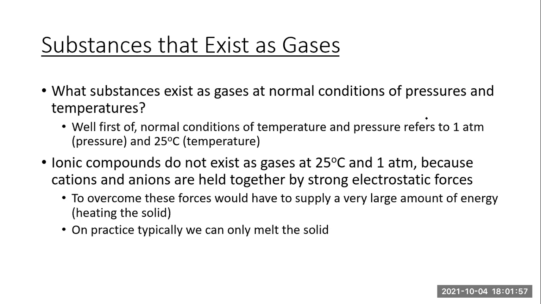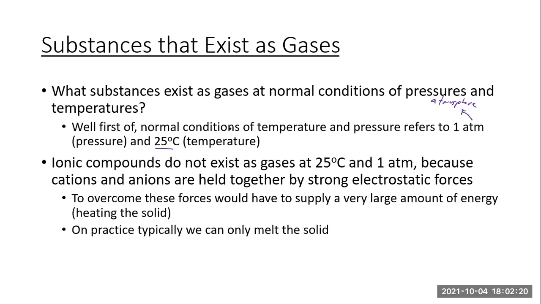So ATM is an atmosphere. And 25 degrees Celsius. And under normal conditions like that, at 25 degrees Celsius and 1 atmosphere, we typically do not find ionic compounds going into the gas phase.